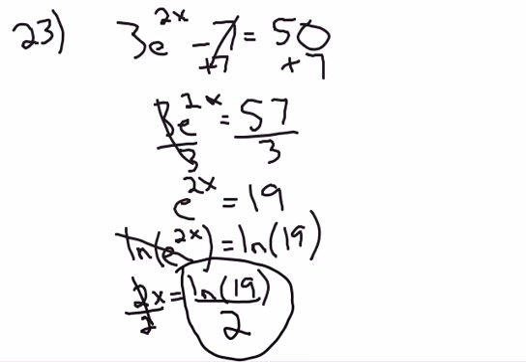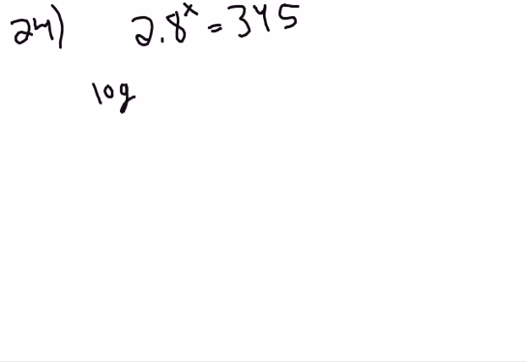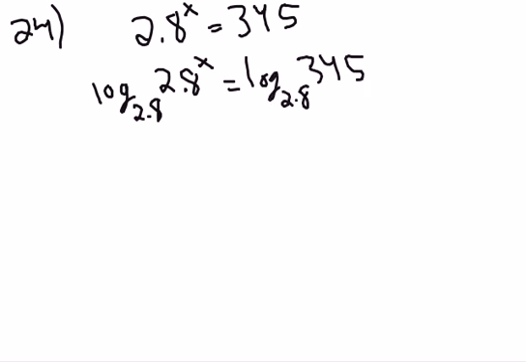Okay, number 24. We have 2.8 to the x equals 345. For this one, you would want to use log base 2.8 of 2.8 to the x equals log base 2.8 of 345.